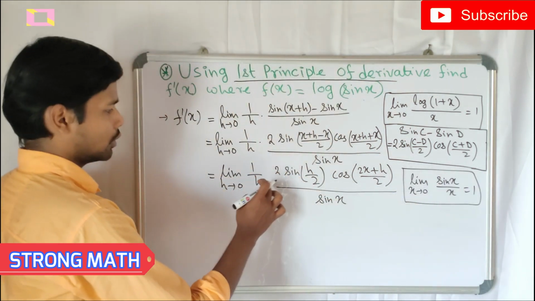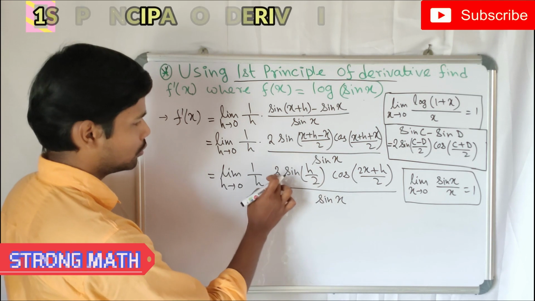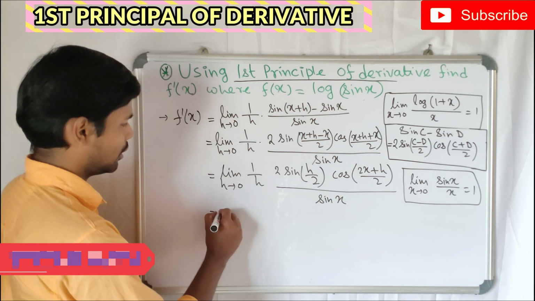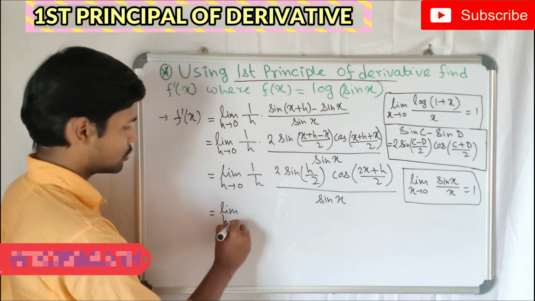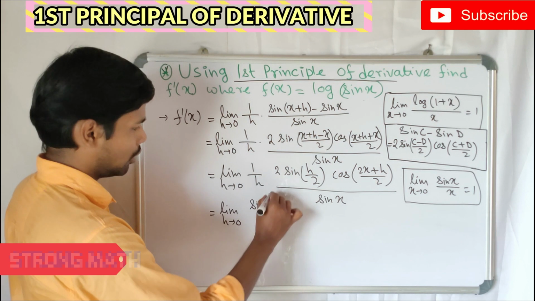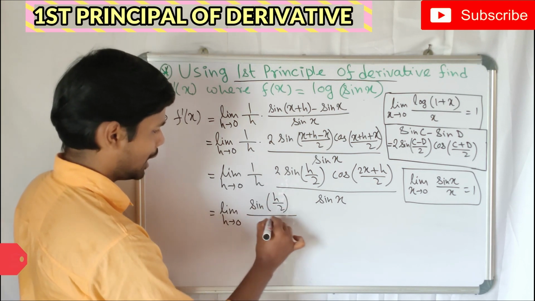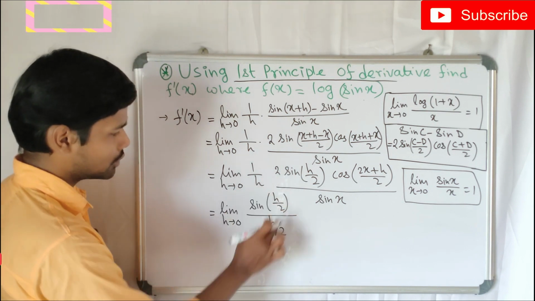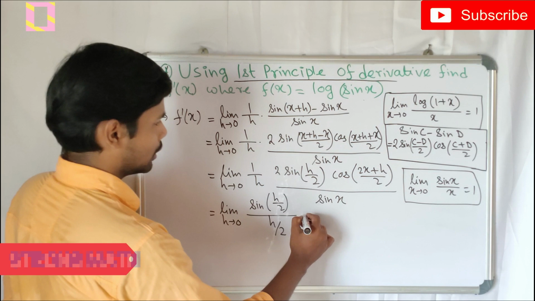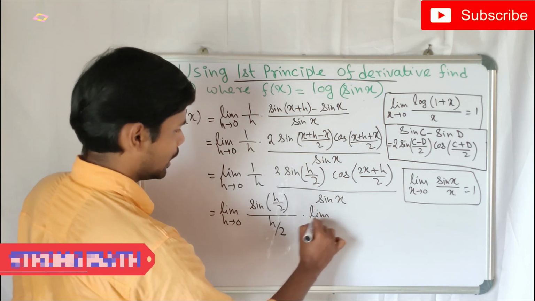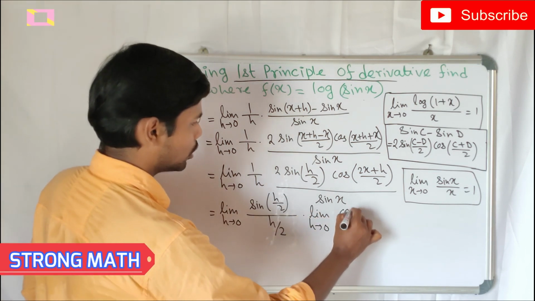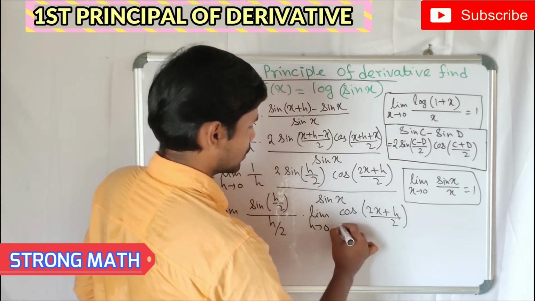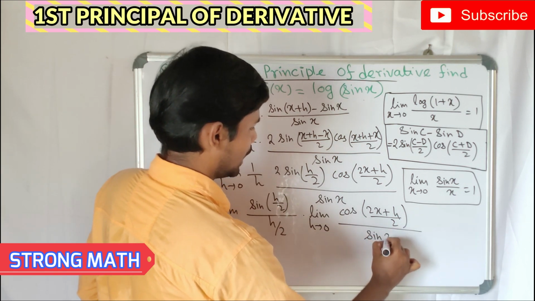So here this is sin(h by 2), we can take this 2 by h, so we can write it as limit h tends to 0 of sin(h by 2) by (h by 2), this 2 is going under the h, okay, into limit h tends to 0 of cos(2x plus h by 2) whole divided by sin x.